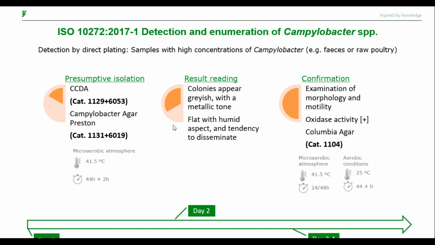Which are the main advantages of studying Campylobacter with culture media against PCR methodologies? Okay. The advantage is that when you detect Campylobacter with the reference method, you are complying with the regulation. So audit processes will be easier, and it is easier to get accreditation if you are following the detection methods.